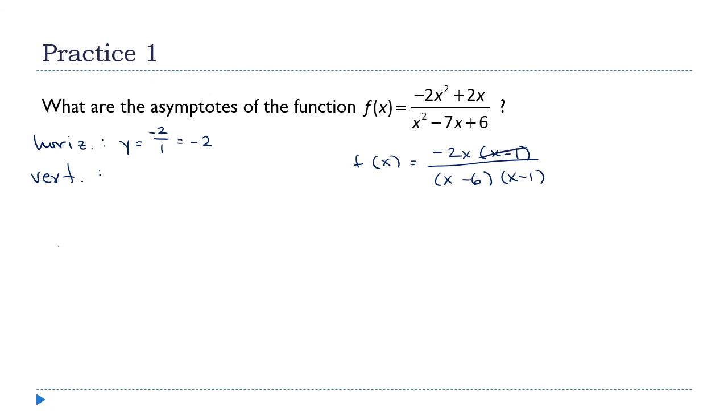Yeah, good. We get some canceling action there. So this function has a vertical asymptote where x minus 6 equals 0, which is x equals 6. One of each.